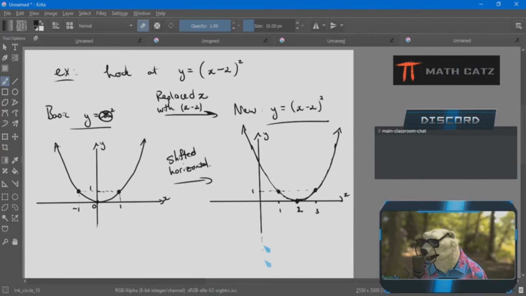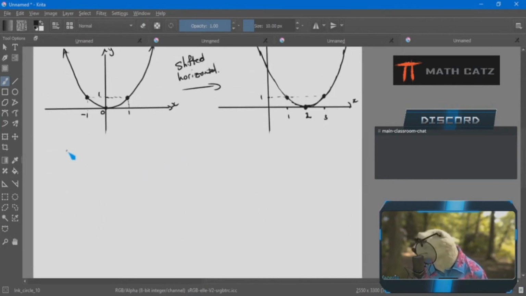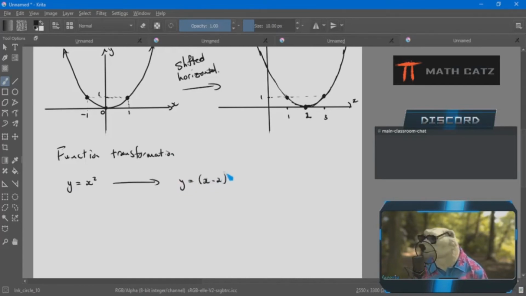So let's just highlight or summarize what is happening here. My function transforms with a function transformation y equals x squared to y equals (x minus 2) squared, for example.